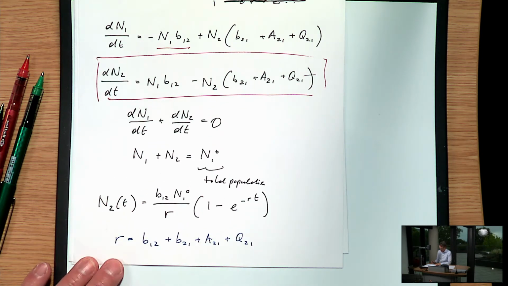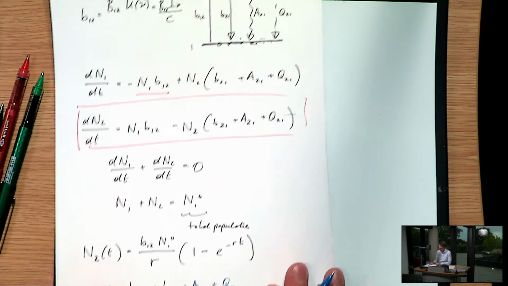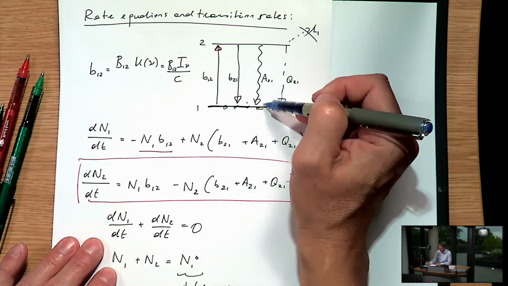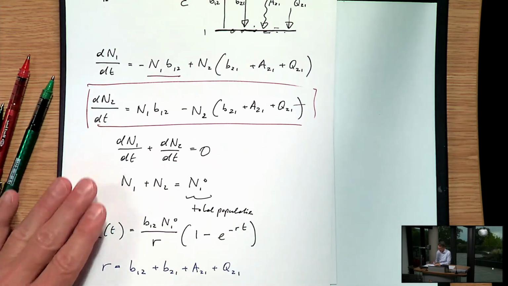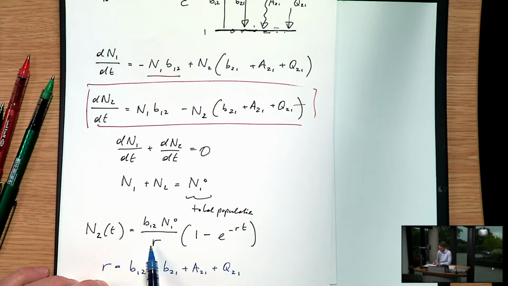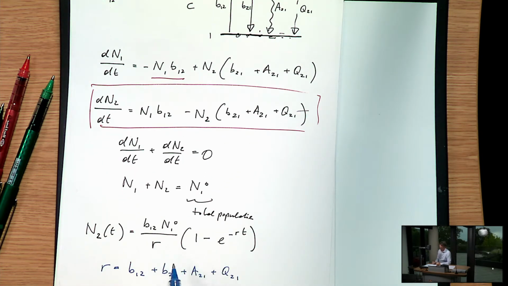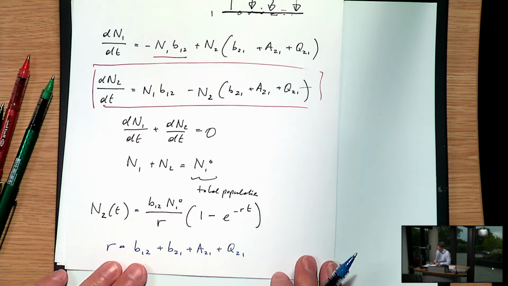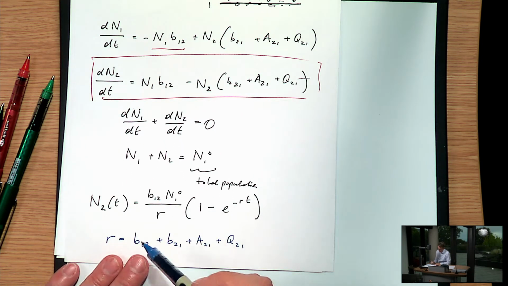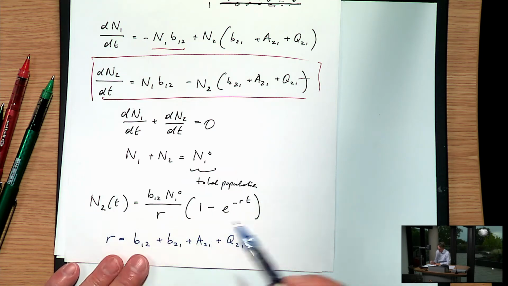So essentially, R is all the rates in the system. So it's the rate up, rate down, rate down, rate down. It's the sum of all rates that take place in the system. So the quicker these rates, the more quickly the population will build up.